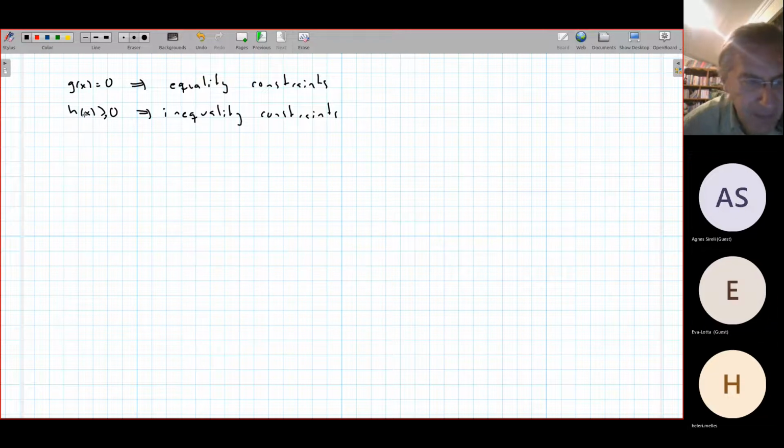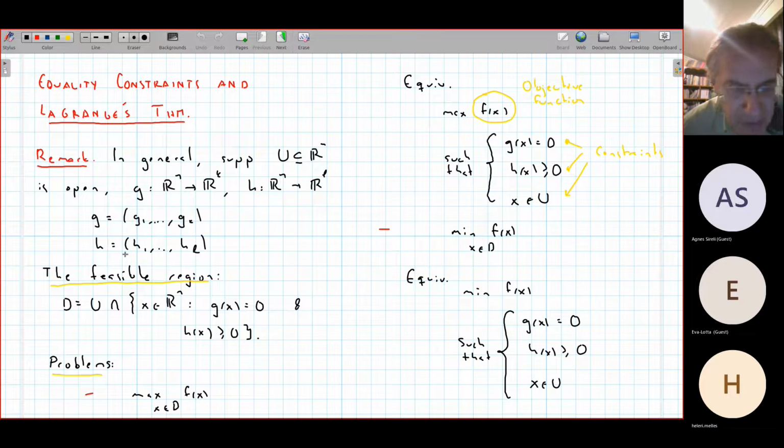Now, here I'd like to remind you, notice that h is a vector function. So if we go back, we're going to notice that h has components h1, h2, and so on, hl.